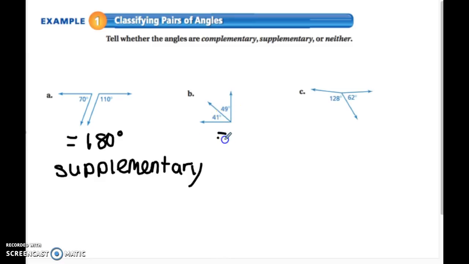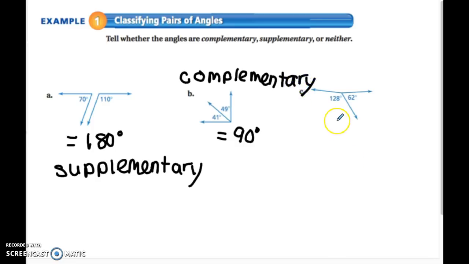When we add them, this equals 90 degrees. So B is complementary. And C, we have 128 and 62, which equals 190 degrees. So this is neither.